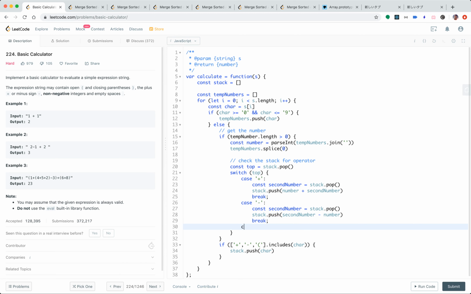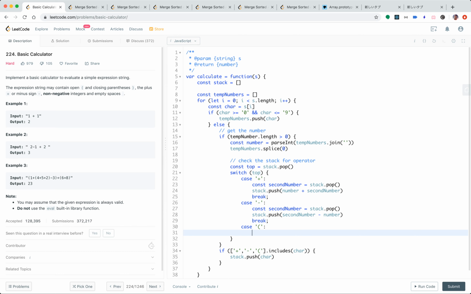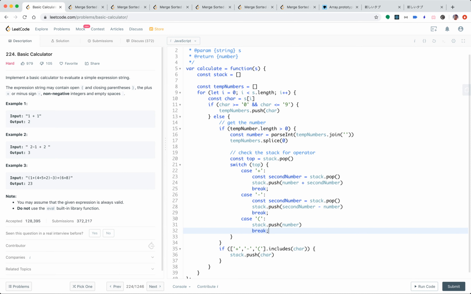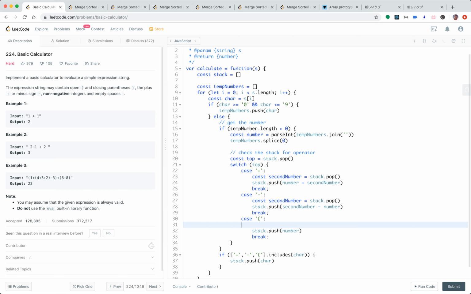And case if it's a parenthesis, we just stack push number, break. Case default.